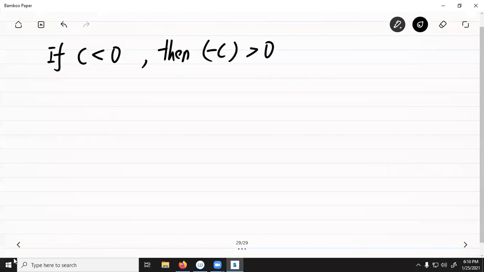These are three results. And we know negative of negative C equals C, and we know C is less than 0. So that is impossible, right? So we must have negative C be positive.